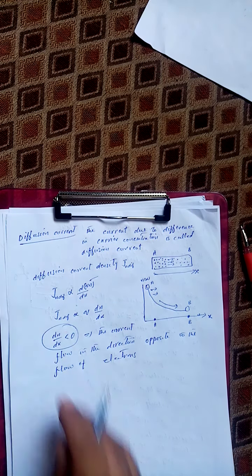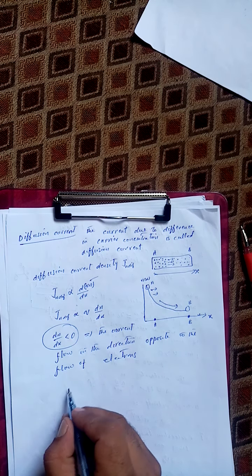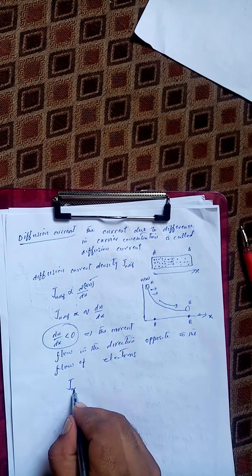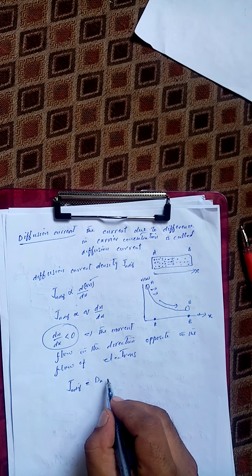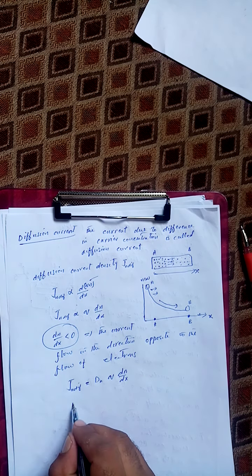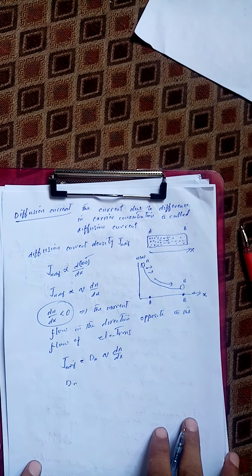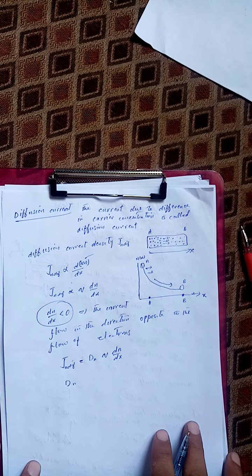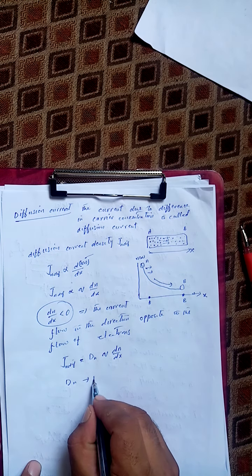Because the slope is negative. Now to remove this proportionality sign, we put a constant here. Jn diffusion, the diffusion current of electrons, is equal to Dn q dn over dx, where Dn is the diffusion constant or diffusion coefficient of electrons.